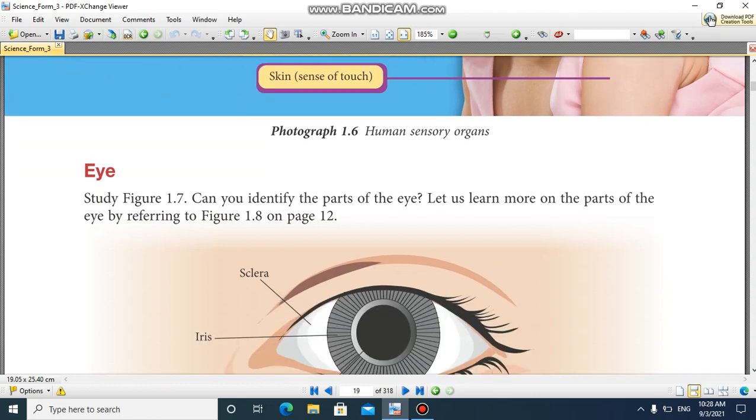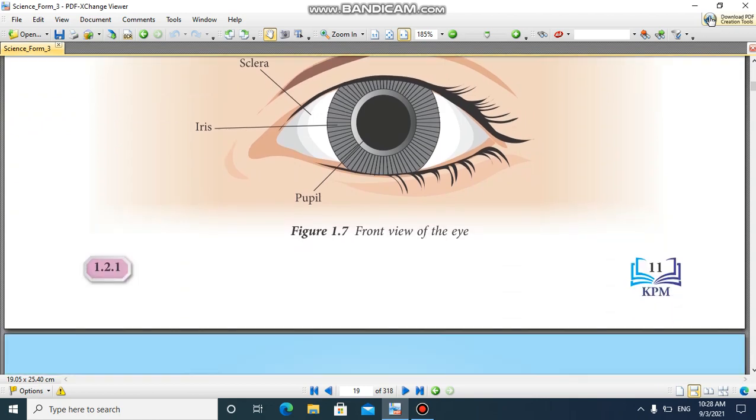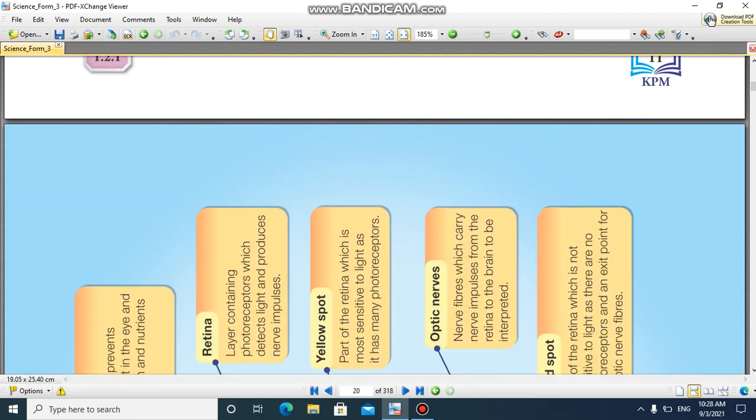Can you identify the parts of the eye? Sclera, iris, and pupil. This is the front view of the eye.